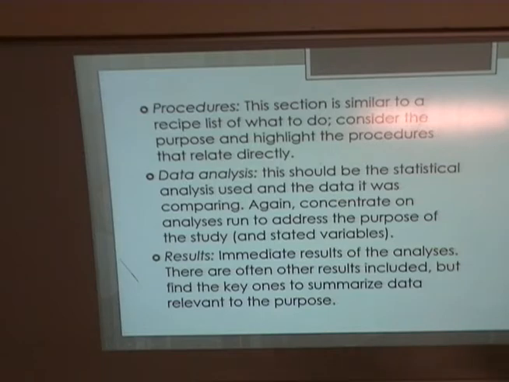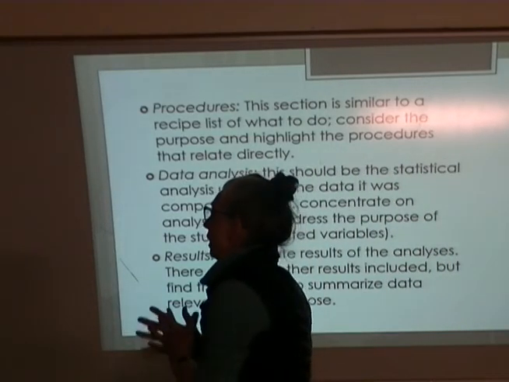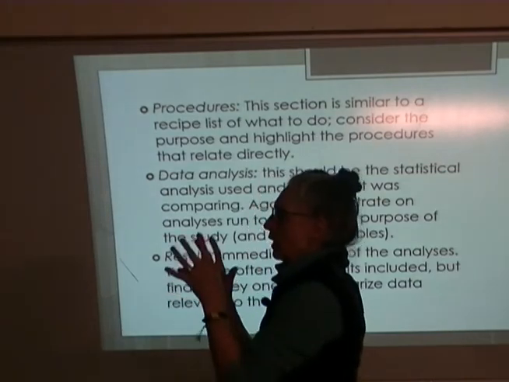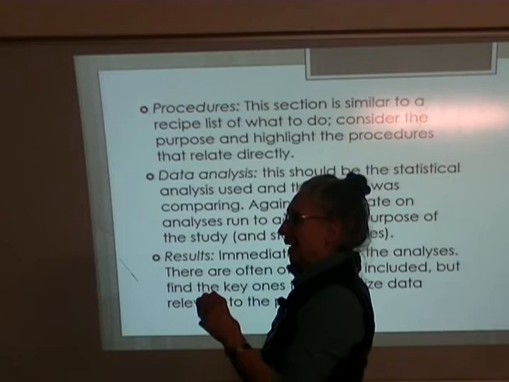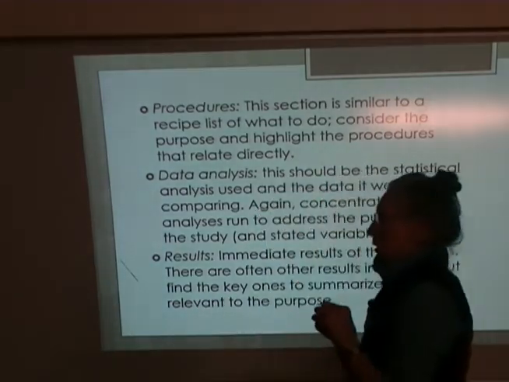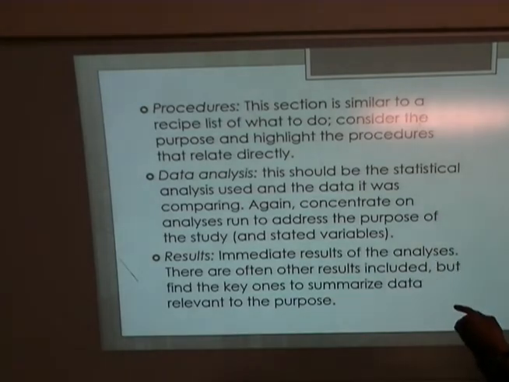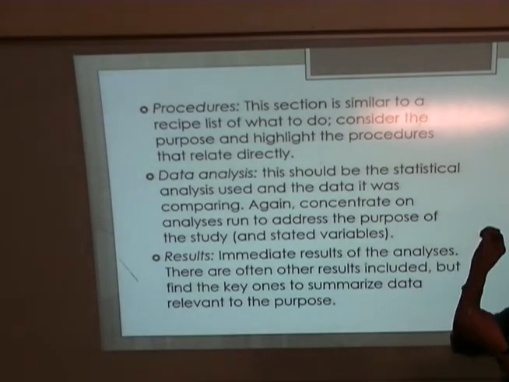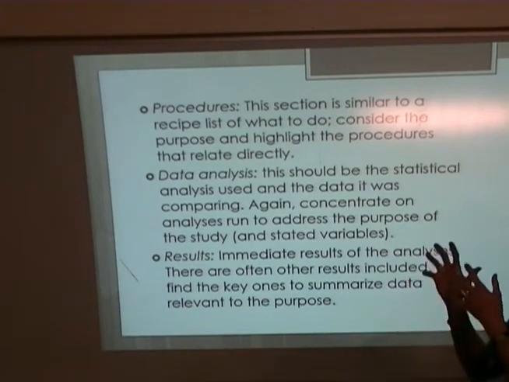So the next block down is the procedures. All right? And the procedures is the recipe for what the authors did to collect their data. Here you have to be a little bit careful to pick out the key steps that they took.